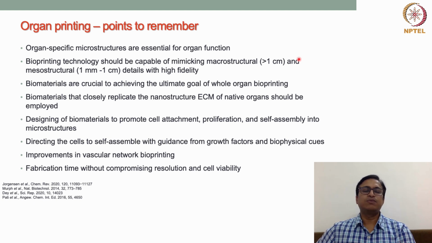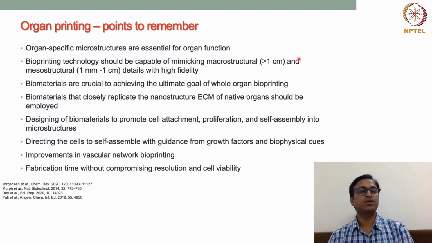Now, whichever bioprinting technology we use should be capable of mimicking the macrostructural and mesostructural details with high fidelity. That means the bioprinting technology should have the capability to print the microstructural or macrostructural detail of that particular tissue, from millimeter to centimeter scale.